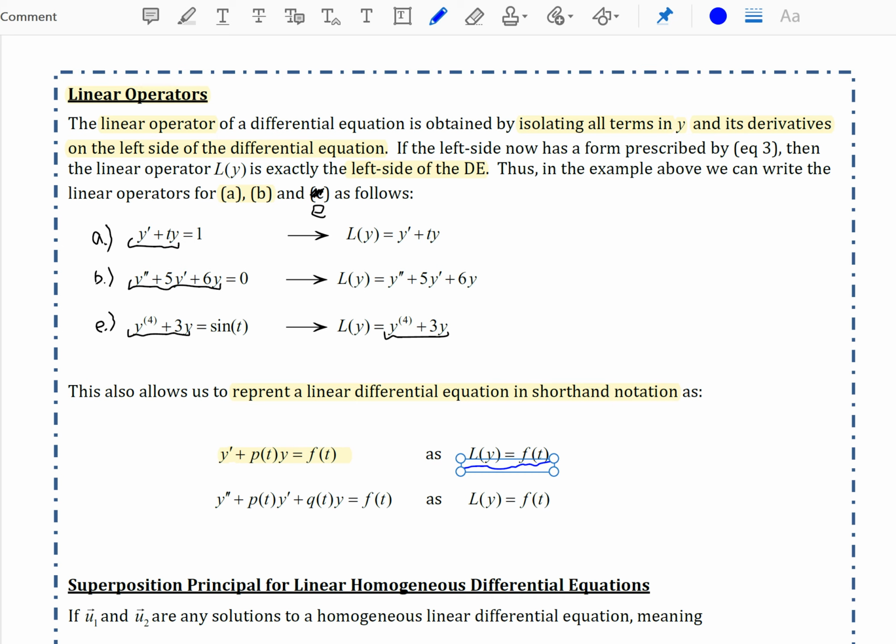So I guess in this first problem up here, this one could be written as L of y equals 1. The second one would be L of y equals 0. And this last one would be L of y equals sine of t.